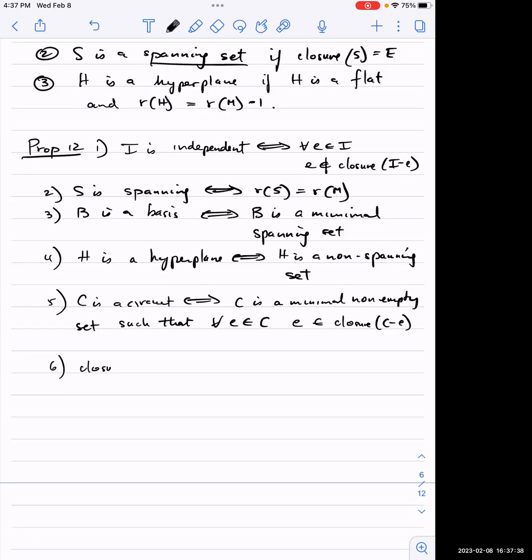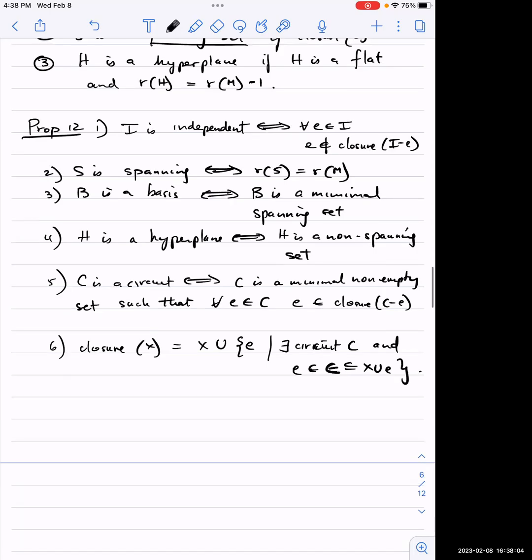And 6, closure of X is the set of all X union E such that there exists a circuit C and E is in C contained in X union E. So let's go back to that example that I did earlier. Let's suppose this is a graph.